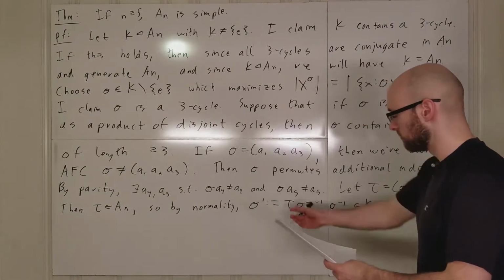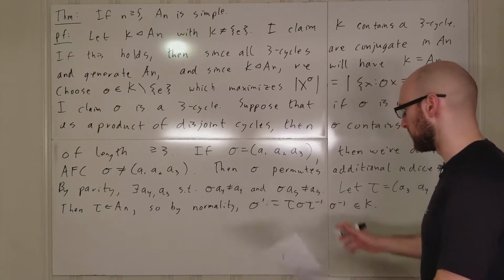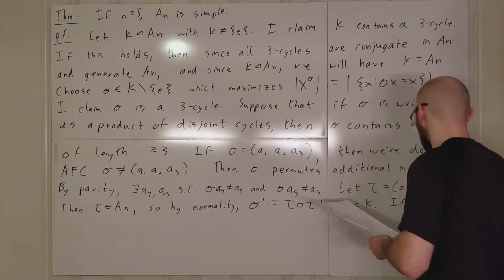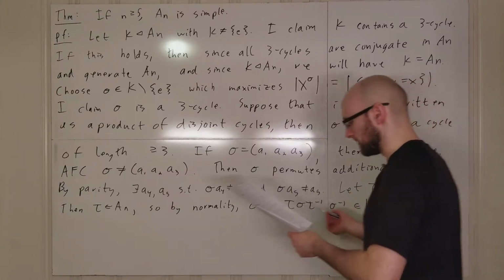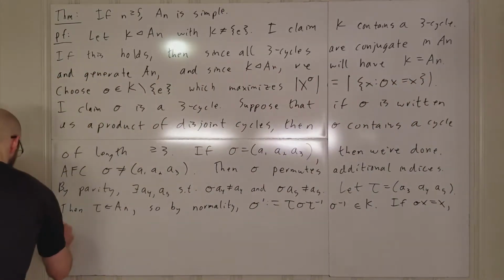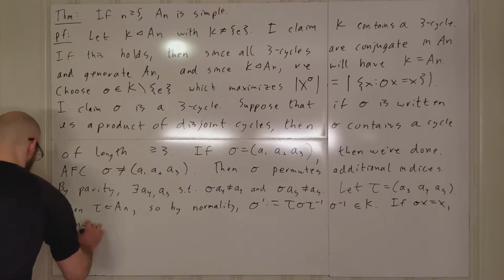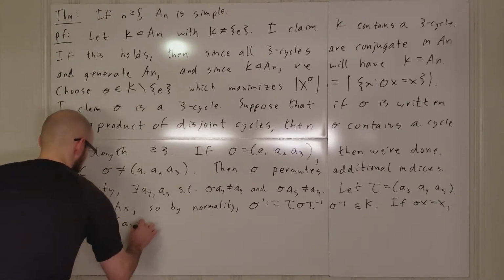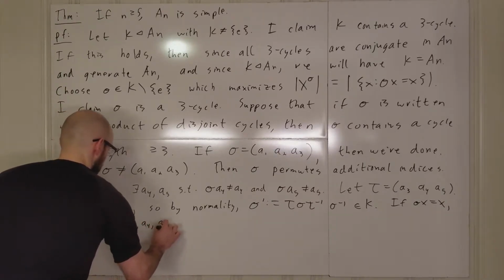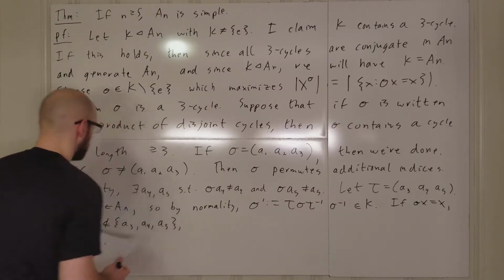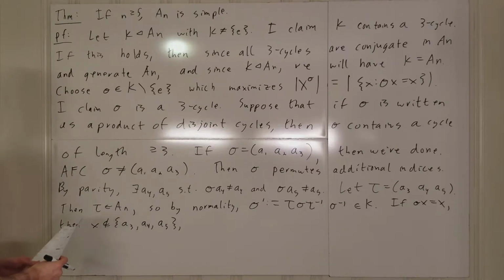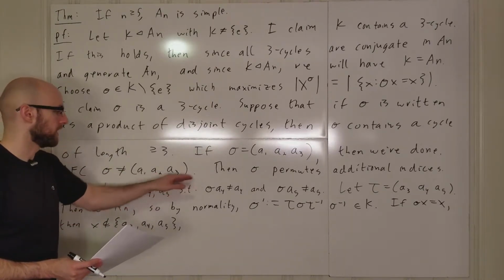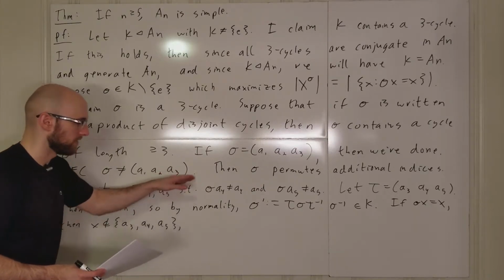All right, so what's interesting about this sigma prime? If sigma fixes x, where x is some index, then x cannot be A3, A4, or A5, because we know that sigma moves all of those. It moves A3 either to A1, or if we're adding A4 and A5 onto this cycle, it'll move A3 to A4.